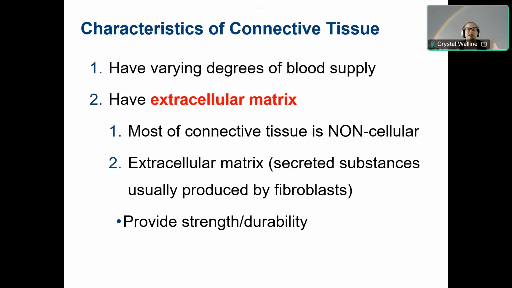This extracellular matrix is substances that have been produced by special connective tissue cells called fibroblasts. Those substances are secreted or excreted outside of the fibroblast cell, and they end up taking up a lot of space between cells. The function of the extracellular matrix is to provide a lot of strength and durability.